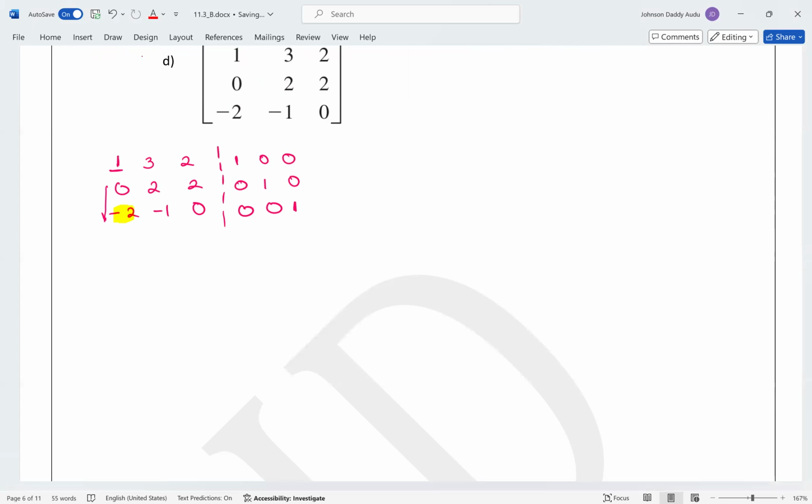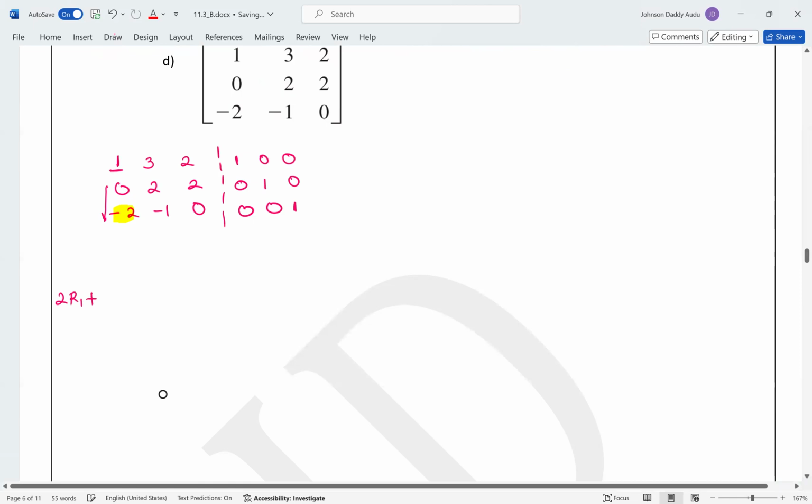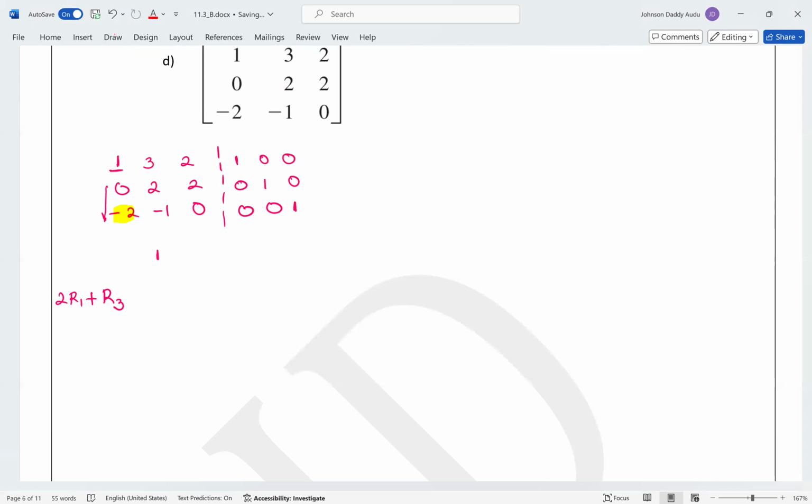So we will have 2R1 plus R3. And this is going to be 1, 3, 2, 1, 0, 0.